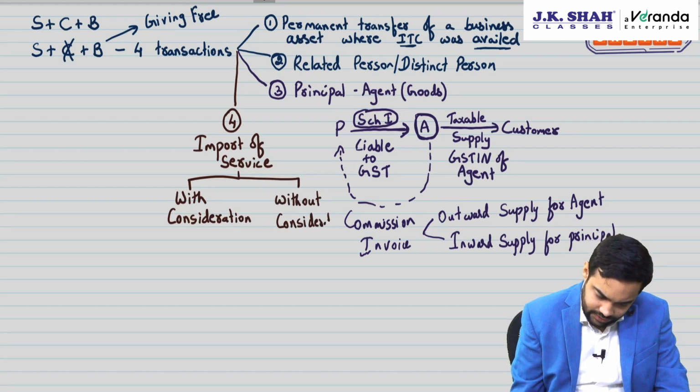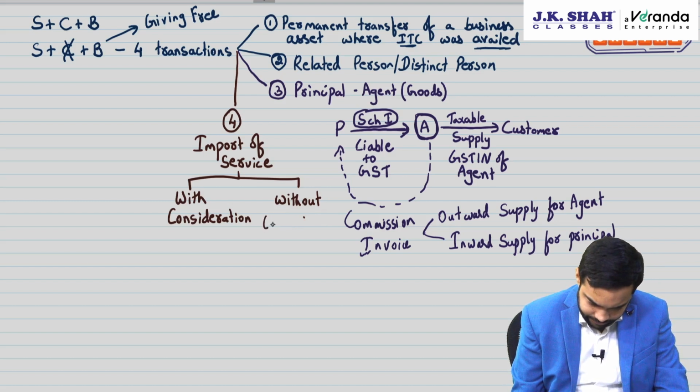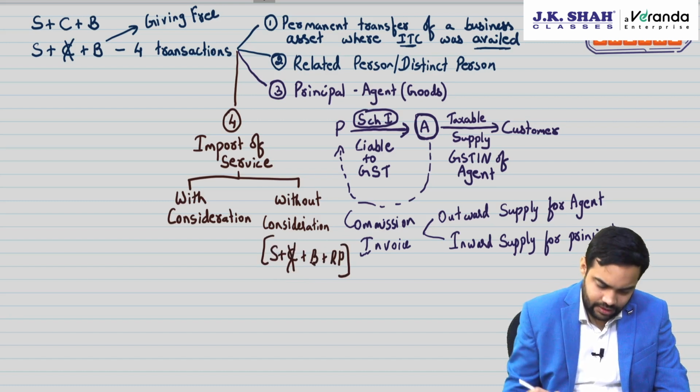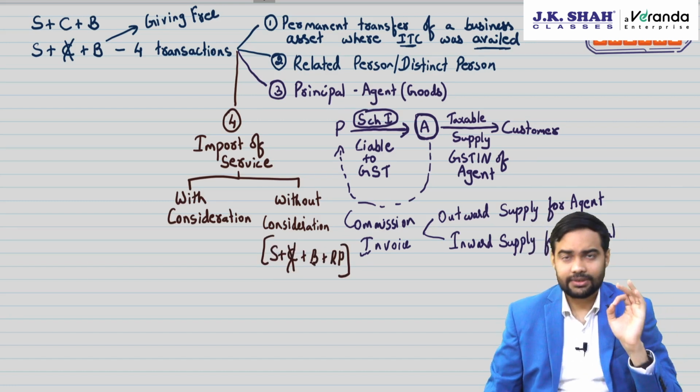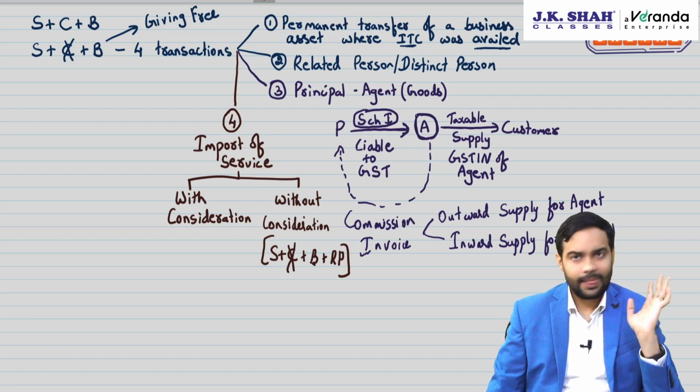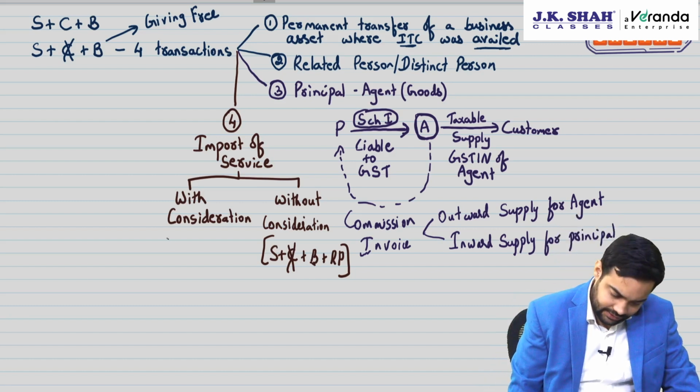If it is without consideration, then GST will apply only when it is in the course of business plus from a related person. If it is not from a related person, then without consideration import of service is not regarded as a supply. With consideration, there is a supply.